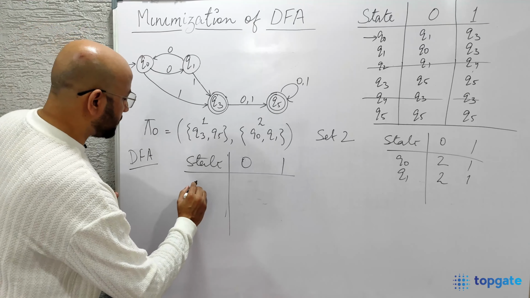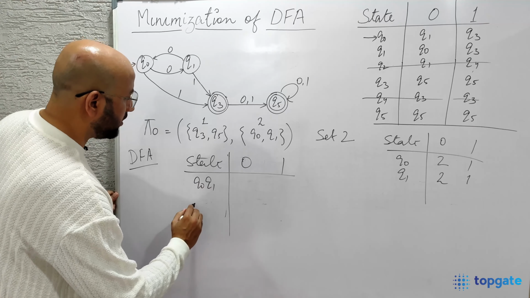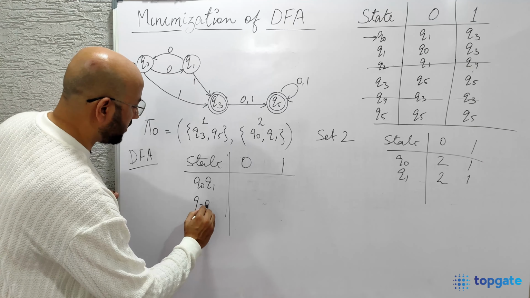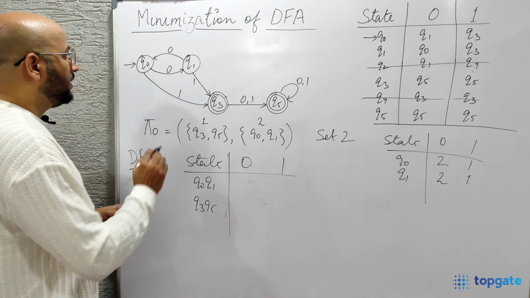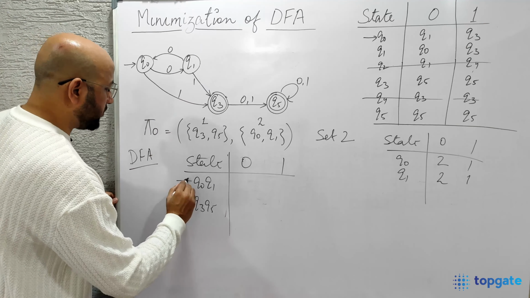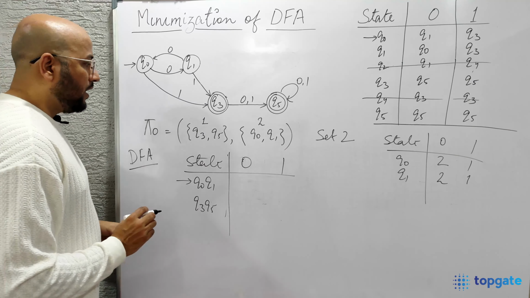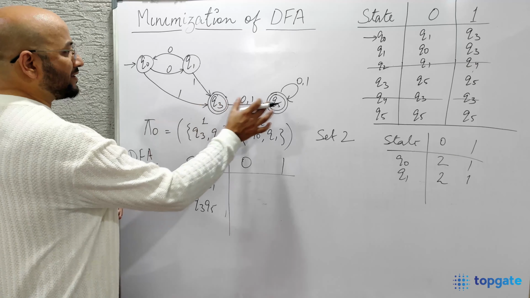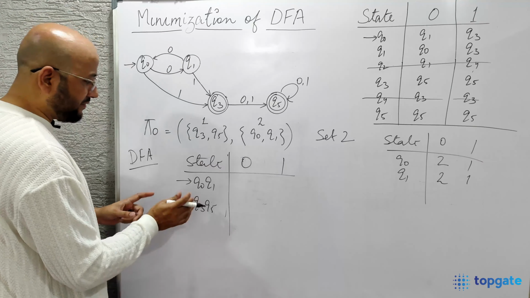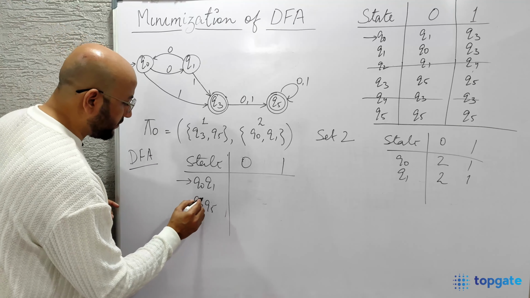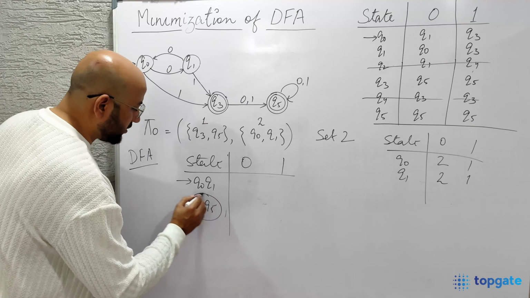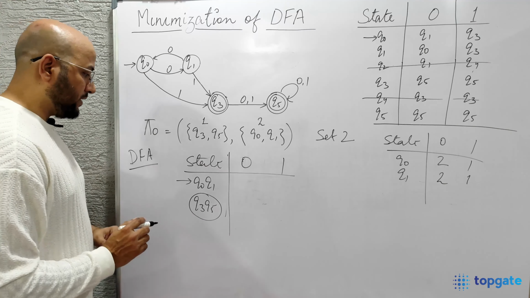One state I have is Q0, Q1, and the other is Q3, Q5. Since Q0 was initial, this will be the initial state. And since Q3 and Q5 are final, the Q3, Q5 state will become the final state.